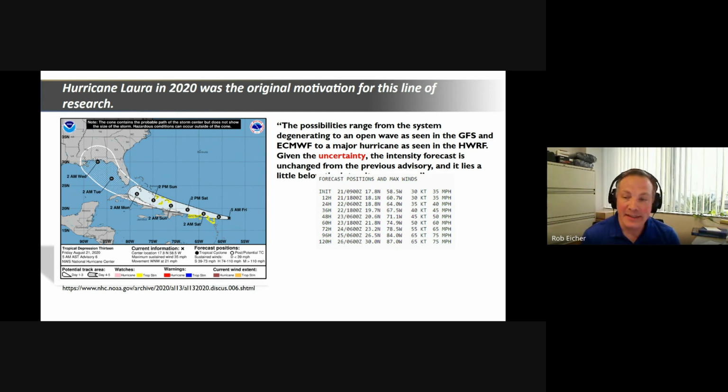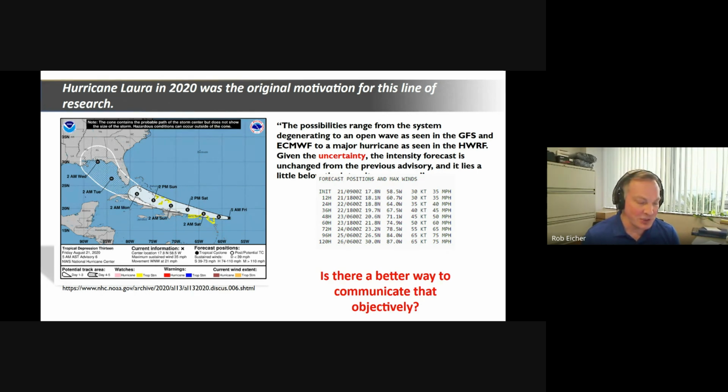So next slide, please. And we kind of wondered, well, there really should be a product that describes that, right? Something that shows a range of possibilities for intensity, kind of like the forecast track cone there shows a range of possibilities for the track.